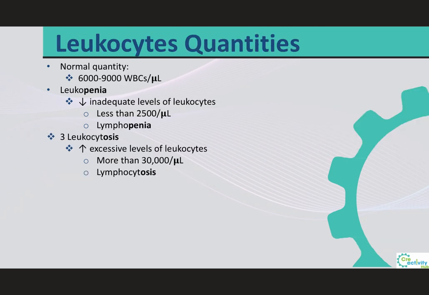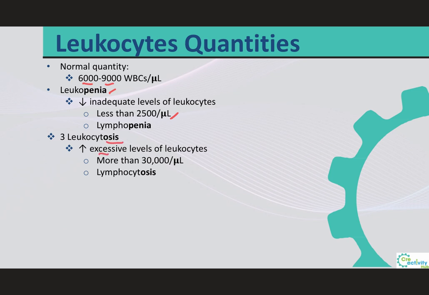Here we're still covering all the leukocytes, and a typical microliter of blood will contain between 6,000 and 9,000 white blood cells. The term leukopenia indicates that there is an inadequate number of leukocytes. A count that's less than 2,500 per microliter will usually indicate that there is a serious disorder. On the other hand, leukocytosis refers to an excessive number of leukocytes.